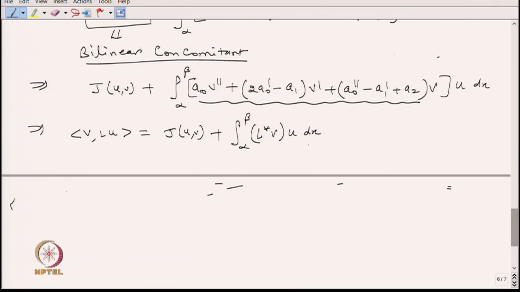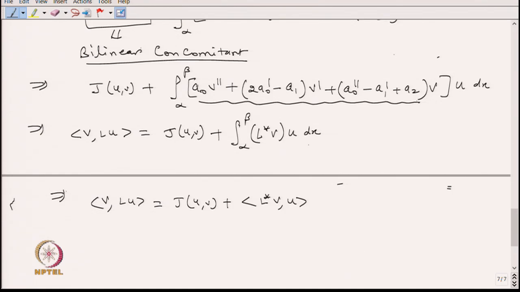So, from here, now it becomes v of Lu is equal to J of u, v plus, and this quantity I can write as L star v, u.